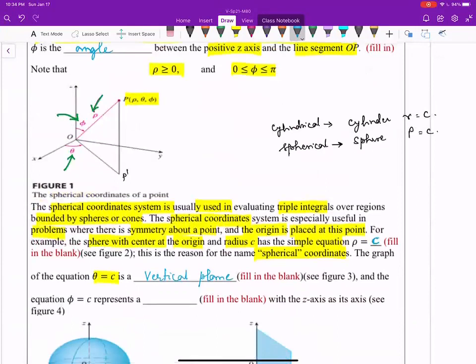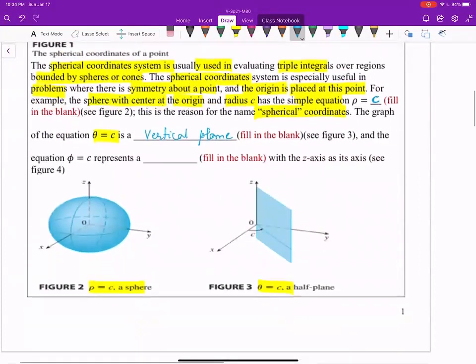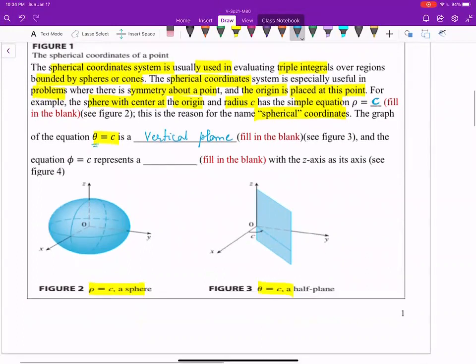Theta is the angle between the positive x-axis and the line OP prime, where P prime is the projection of the point P onto the xy plane. So if theta is a constant, then that represents a half plane.